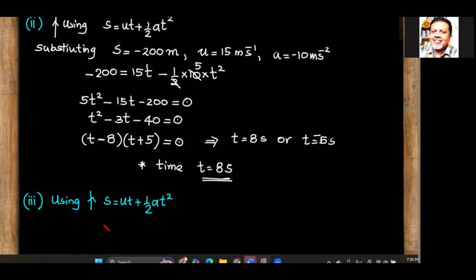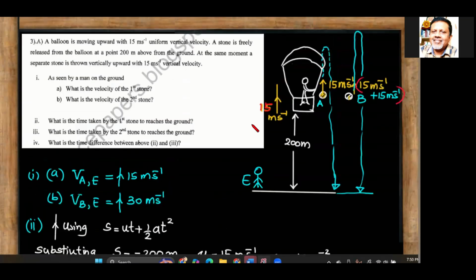Right, we can directly substitute the total displacement from the point of releasing, not releasing, but this is thrown vertically upwards. That point is 200 meters above. So even the second stone should reach the ground after spending some more time than stone A, right?